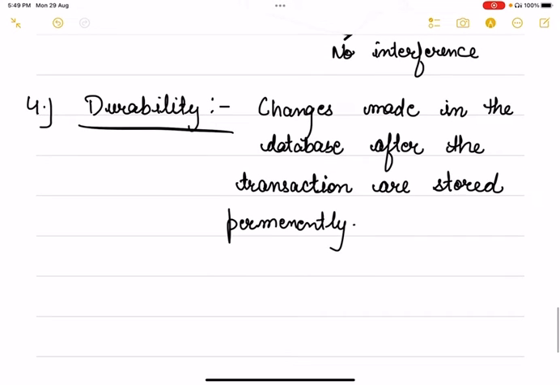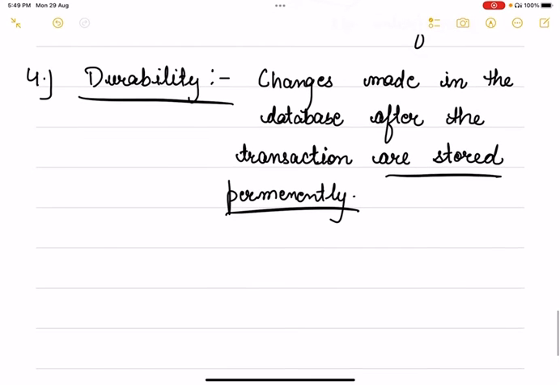Changes are stored permanently, so that any kind of system failure does not harm the database change.